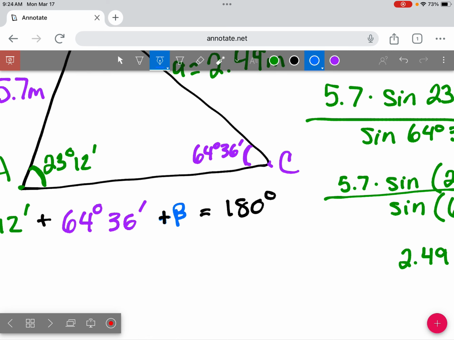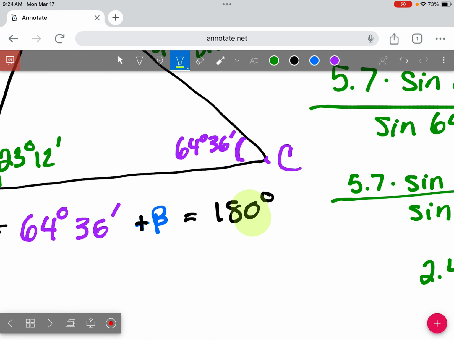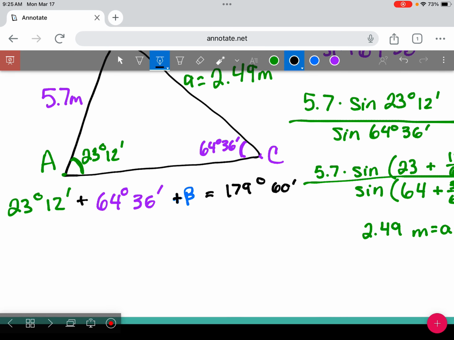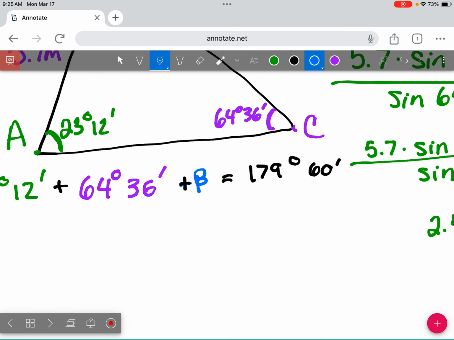Can you rewrite 180? Yep, we absolutely can write 180 as 179 degrees and 60 minutes, if that helps you. Because that still means 180 degrees. It's just now got pieces that we can subtract from to help us find beta.